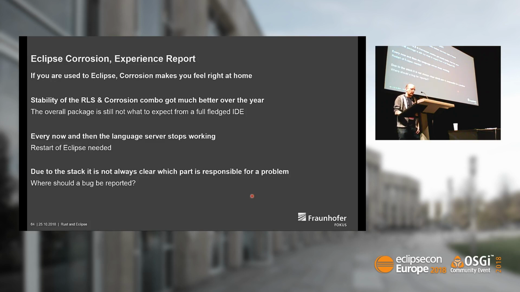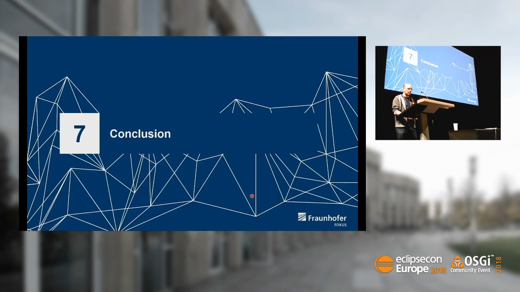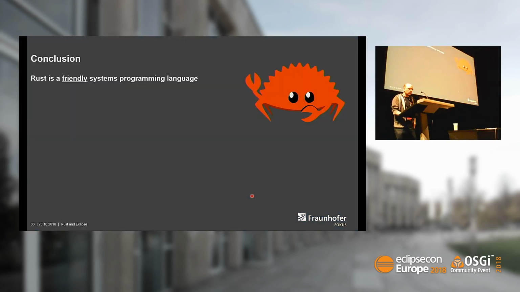But it's not that common anymore. And sometimes when you want to report errors that pop up, you don't really know where to report it, because it's a huge stack that it goes through. But usually you would open an error on Corrosion, and the team will then open errors on the actual problematic part. So, conclusion, Rust is a friendly systems programming language.